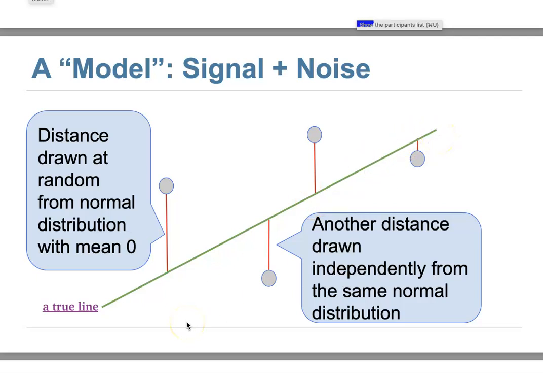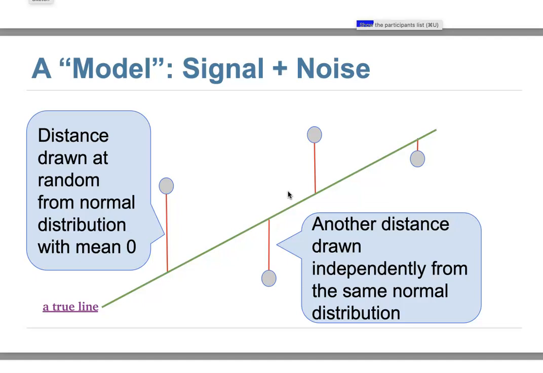We just know that from the population, the distribution is similar to a normal distribution with mean equal to 0. So the distances are drawn at random from the normal distribution; that's why we have 1, 2, 3, 4 different distances drawn independently from the same normal distribution. That's what you see here.